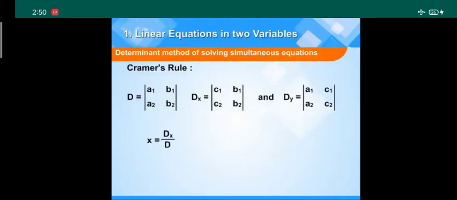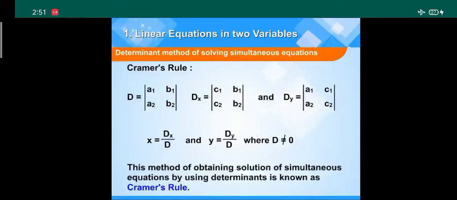Therefore, x is equal to Dx divided by D and y is equal to Dy divided by D, where D is not equal to 0. This method of obtaining the solution of simultaneous equations by using determinants is known as Cramer's rule.